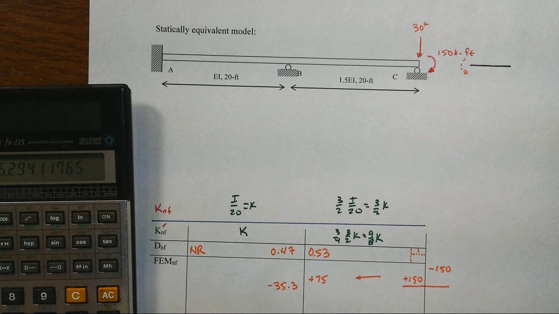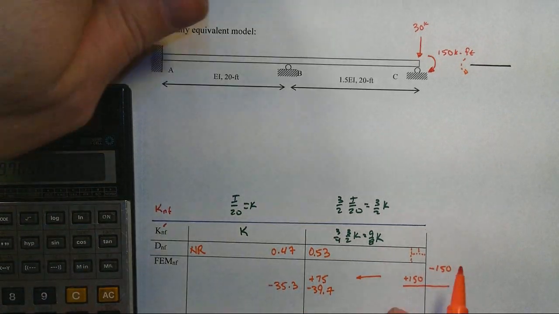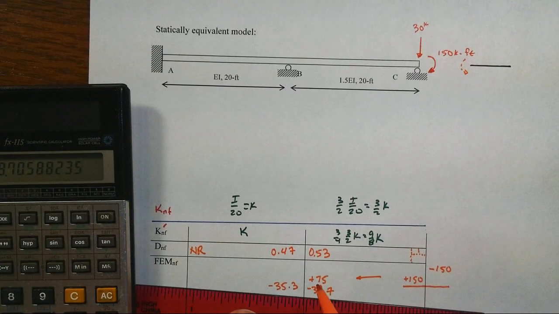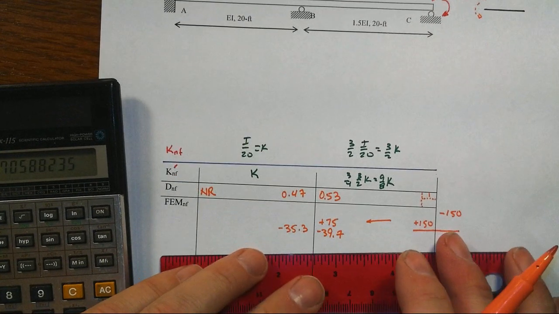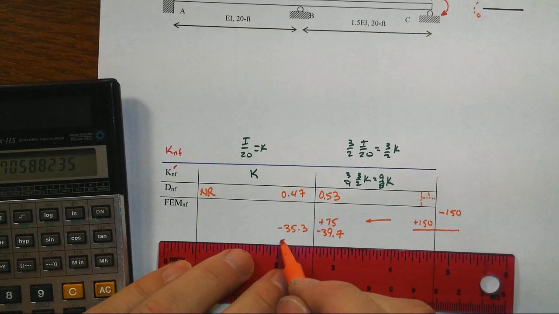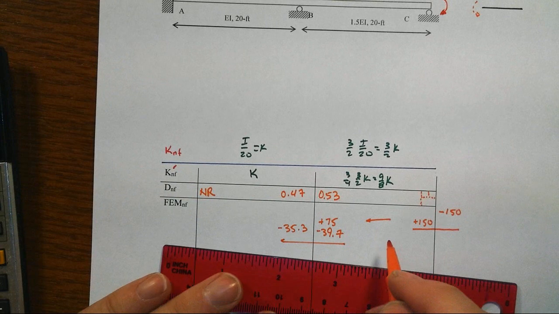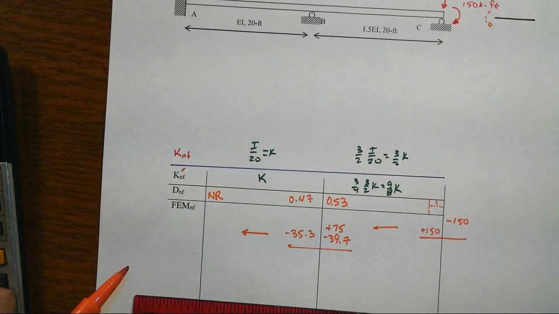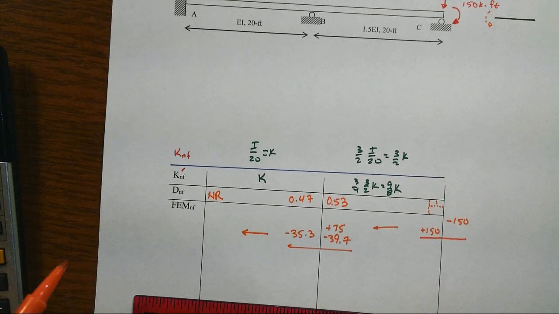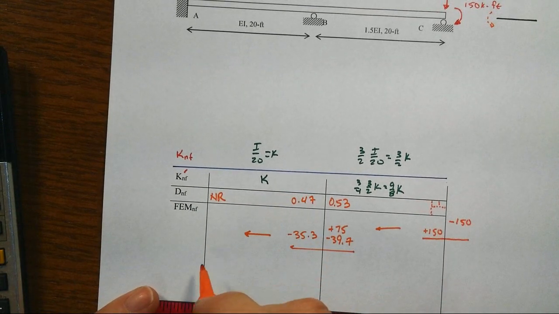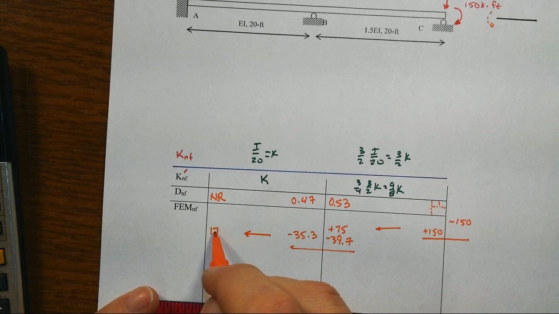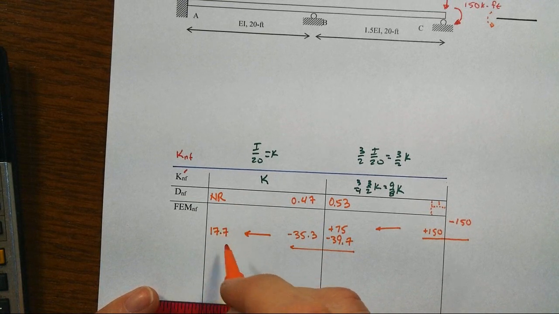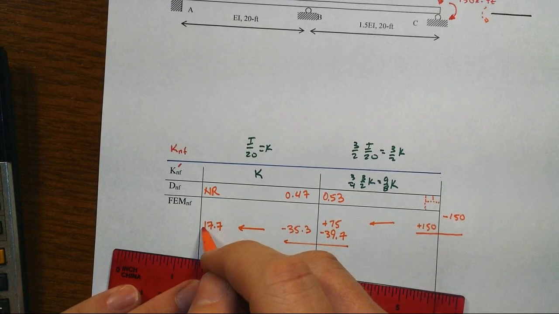And then the balance of that has to be coming over to this side. And we've equilibrated that. And then we shoot this across, divided by 2 is 17.6 or so, or 17.7, let's call it. And that's a negative.